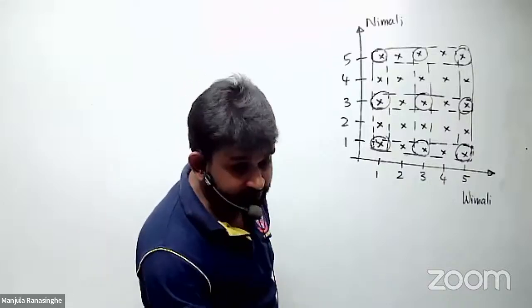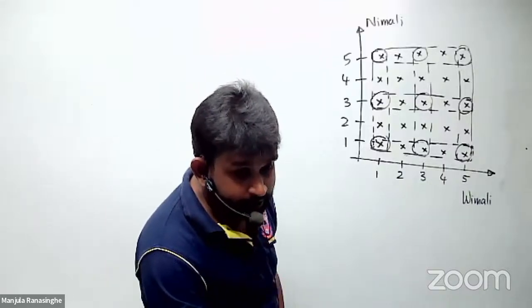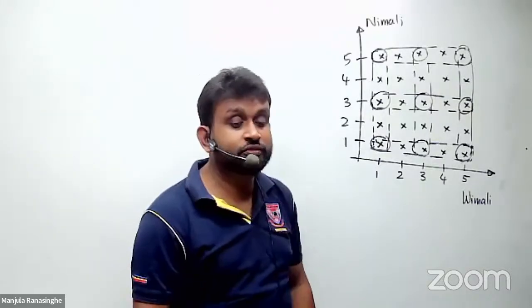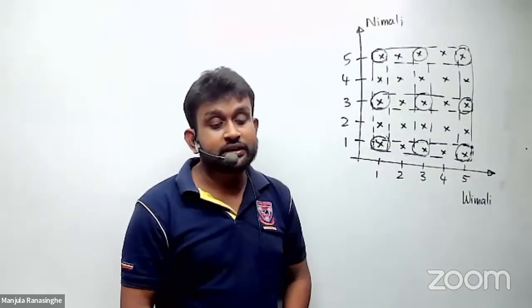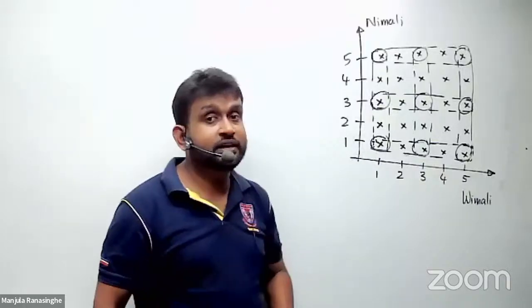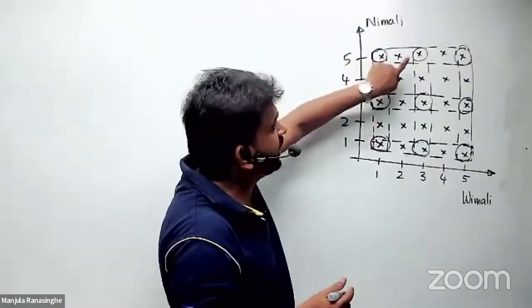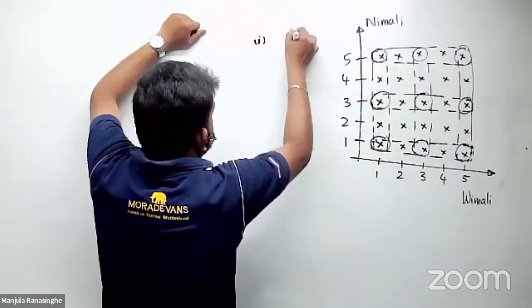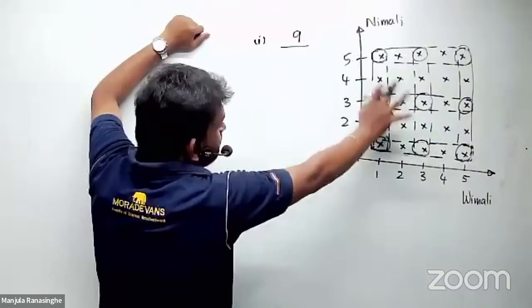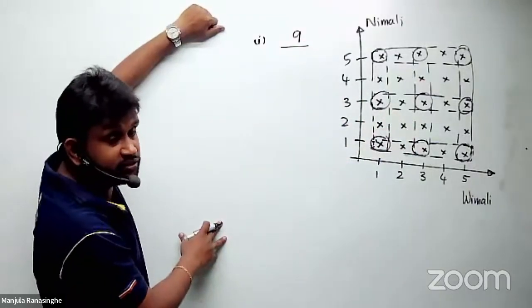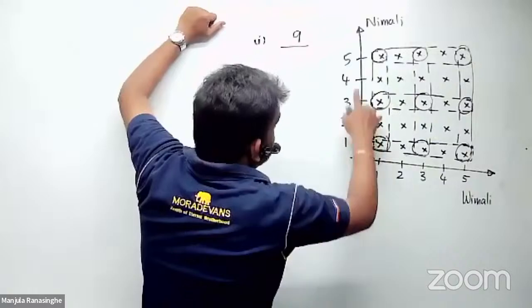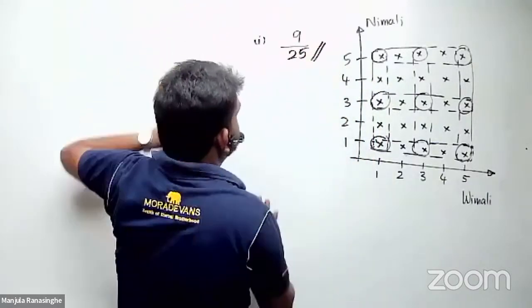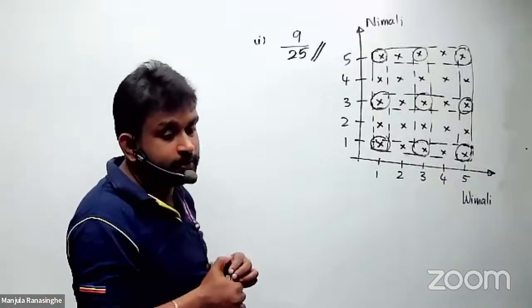So what the question says is, if the rule for the winner is getting an odd number, denote the winning by both of them in the sample space and find the probability. How many events have both winning? 3, 6, 9. So the probability is that number of elements divided by the total sample space. The sample space is 5 times 5, 25, so it is 3 upon 25.